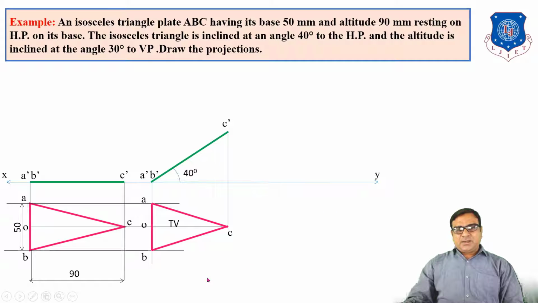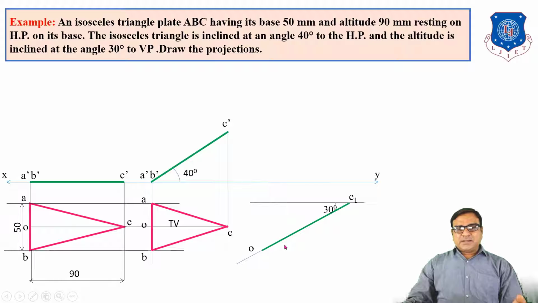So for that, draw step number 5 by finding the angle which is known as apparent angle beta. So first of all, draw a line parallel to XY, and from any point on it draw a 30-degree inclined line, which is C1O.